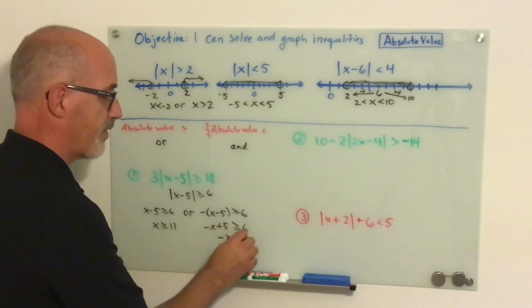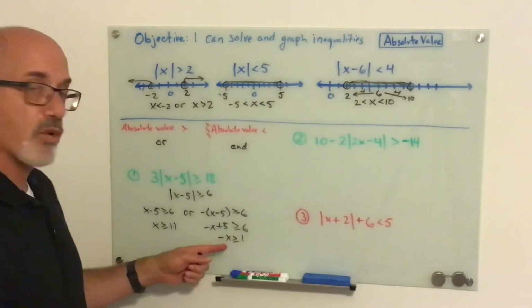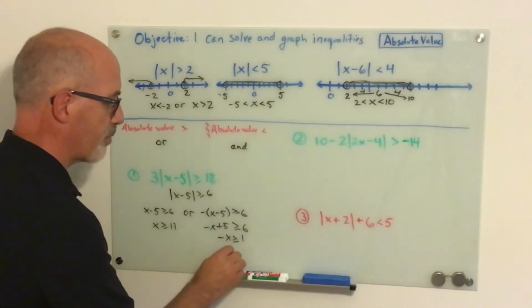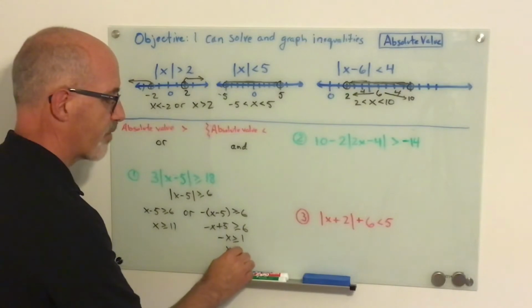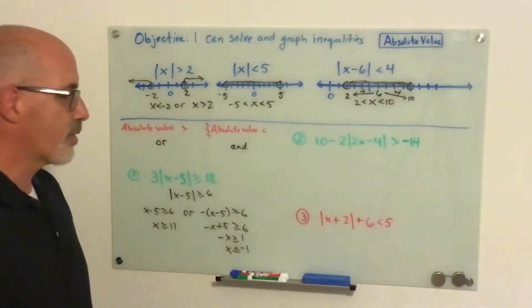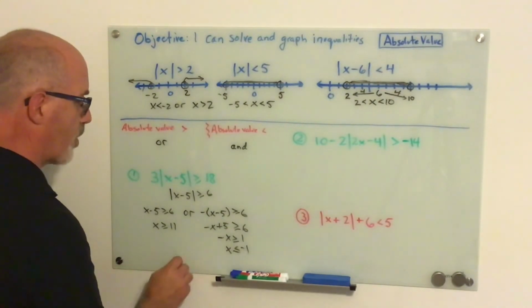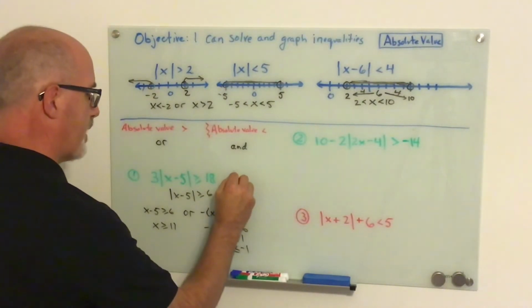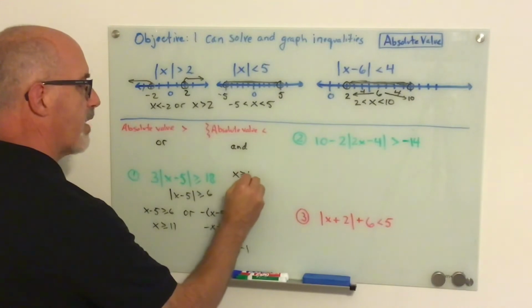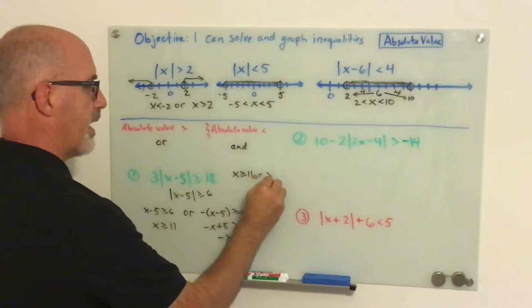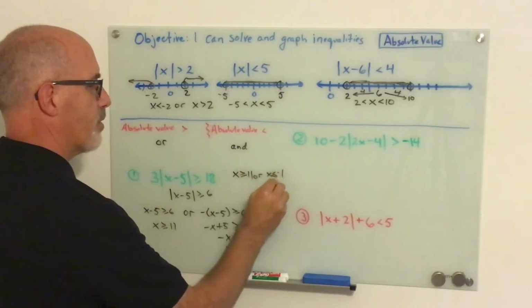If I subtract 5, I get a 1, and then I multiply by negative 1, and remember when you multiply by a negative, that reverses your inequality. So x is going to be less than or equal to negative 1 there. This is with an or, so my final solution would be x is greater than or equal to 11, or x is less than or equal to negative 1.